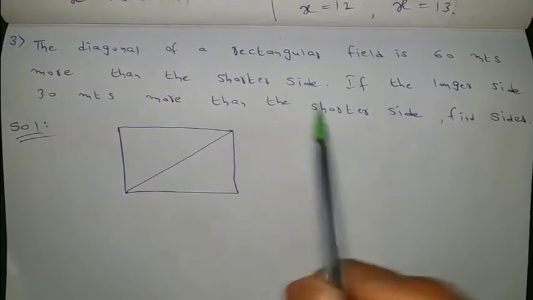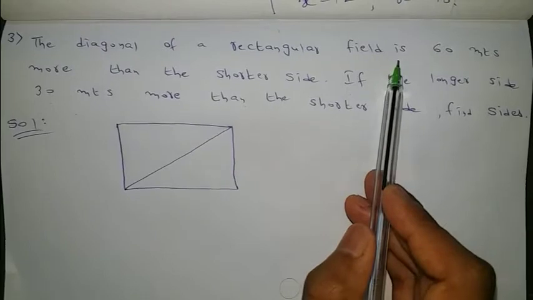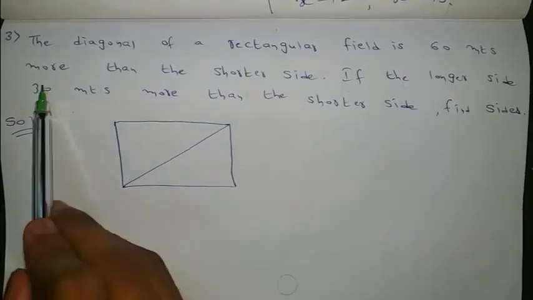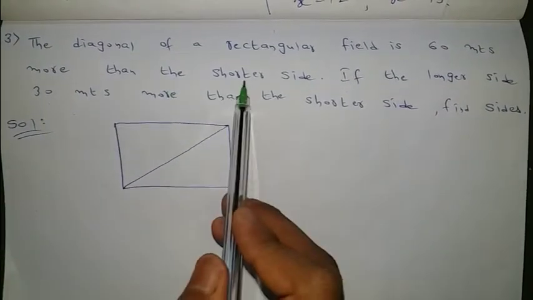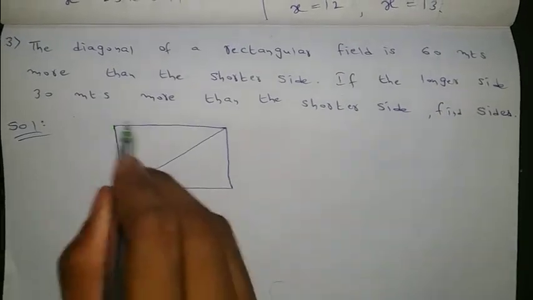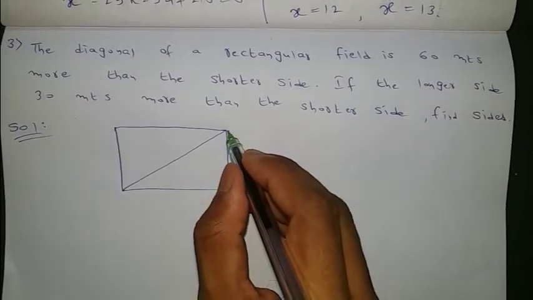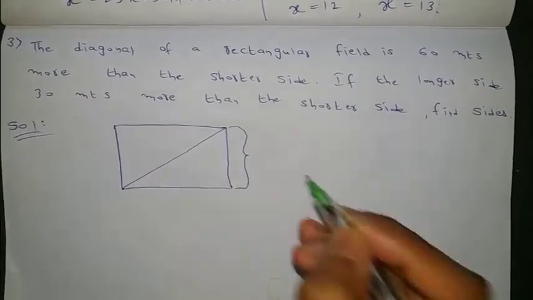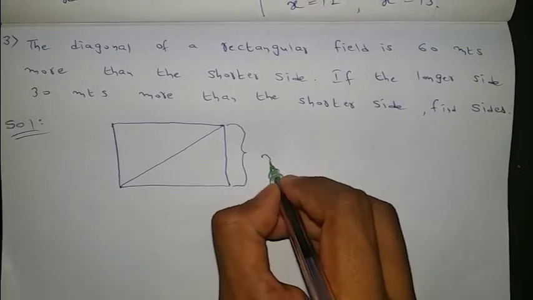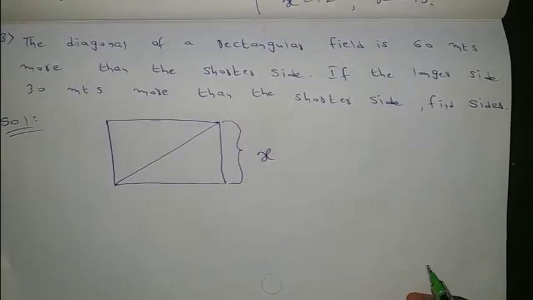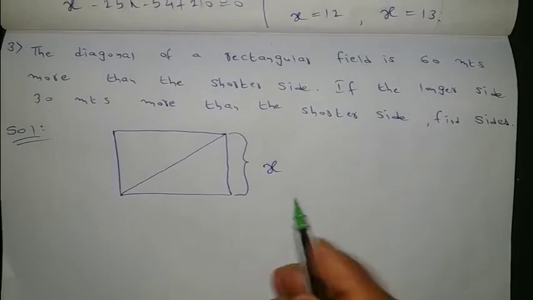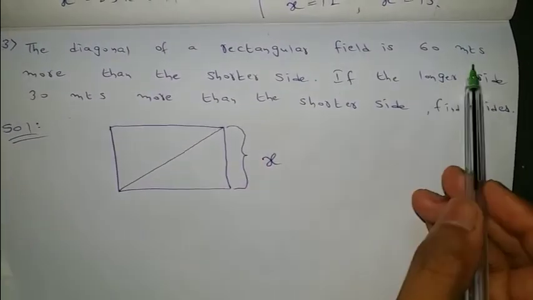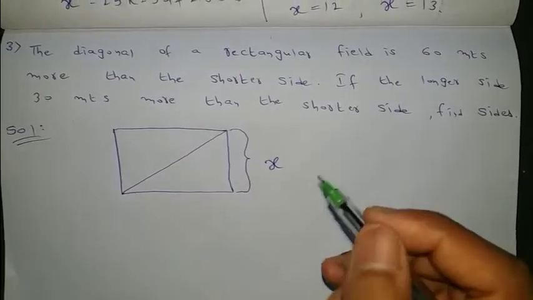So what he said now, diagonal is 60 meters more than the shorter side. So from this triangle, if I am taking this as the shorter side, so shorter side will become some constant x. So now diagonal is 60 meters more than shorter.